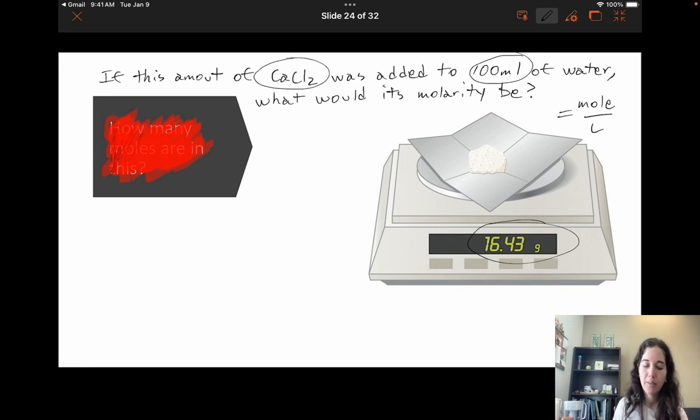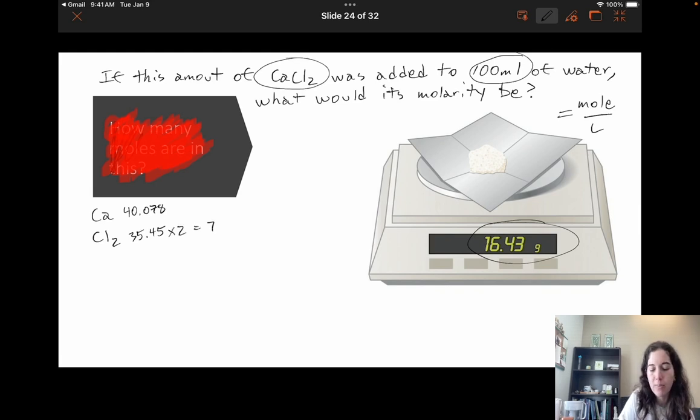Okay, so here's how we solve this problem. Calcium and chlorine on the periodic table, we're going to need their molar masses. Calcium is 40.078. Chlorine's 35.45, but we have 2 of them, so we got to multiply that by 2.